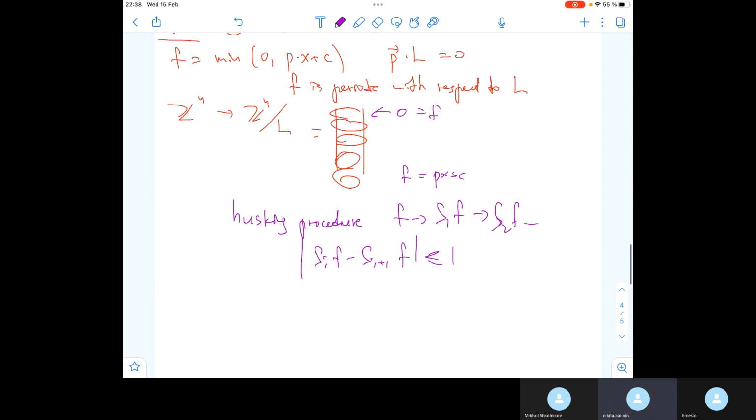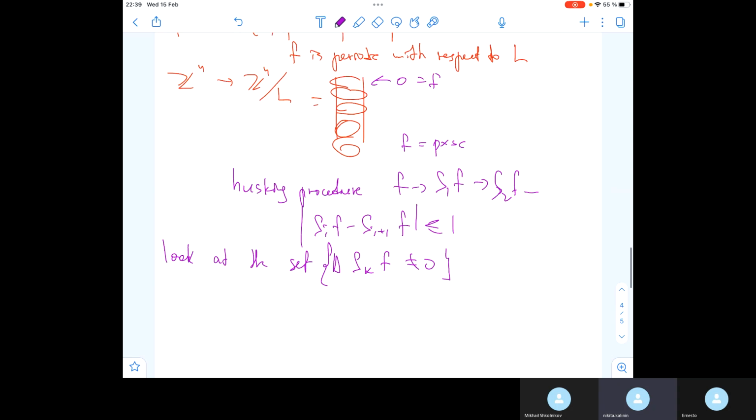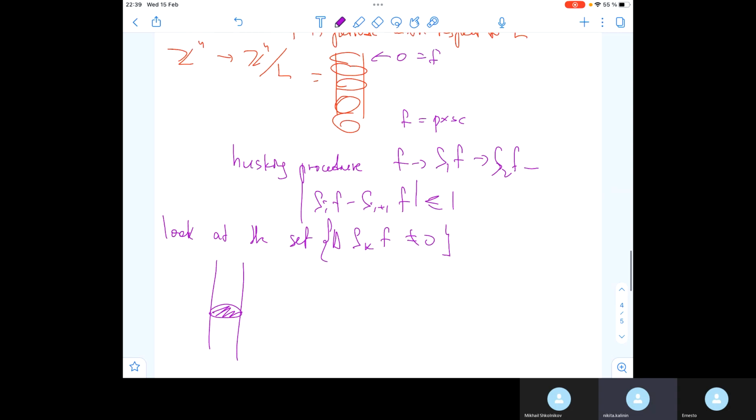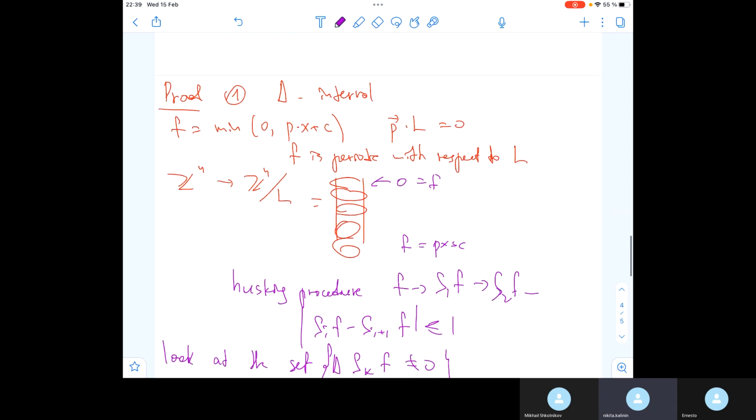And then you look at the set where the Laplacian of sk f is not 0. Initially this set is exactly the set where my function has a slope, the corner.